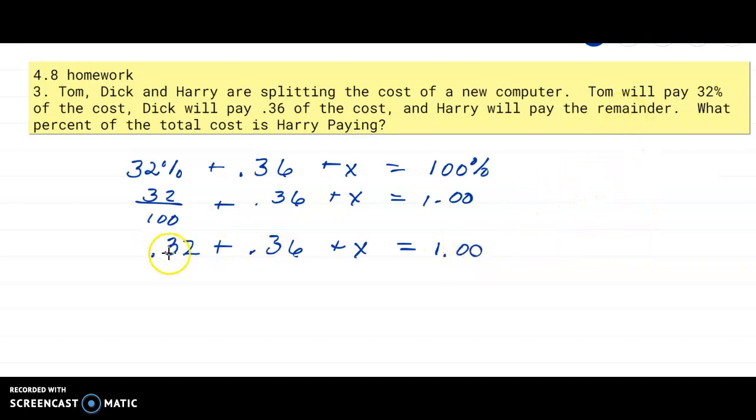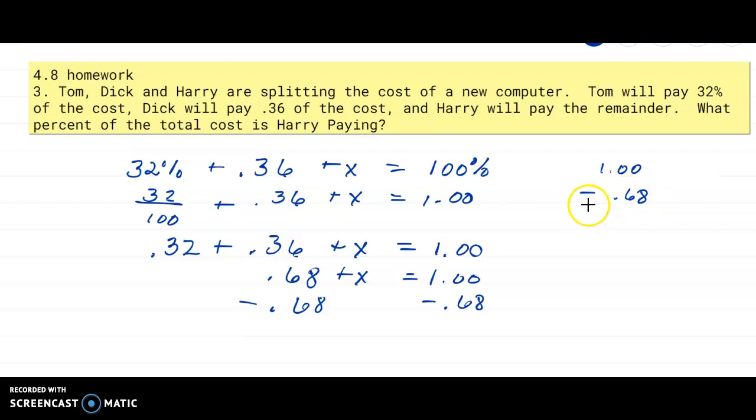Now I'm going to add 32 and 36, and I'm doing this in my head, so this becomes 0.68 plus x equals 1.00. Now I need to solve for x, so right now I am adding 0.68 to x, so I'm going to subtract 0.68 from both sides. So 1.00 minus 0.68.